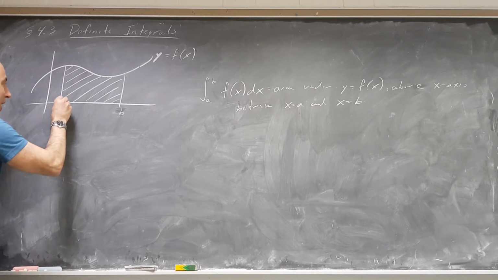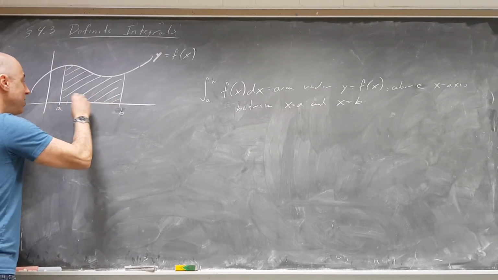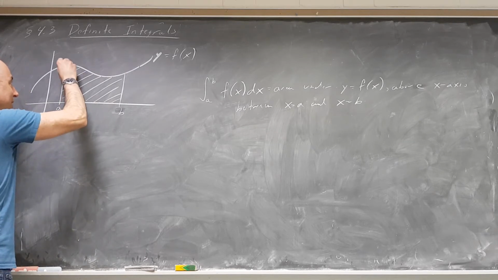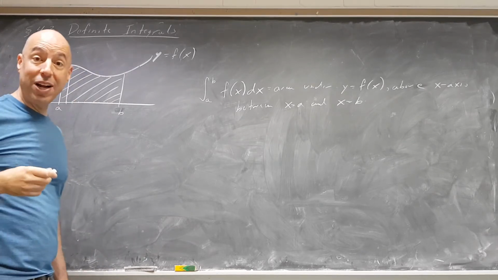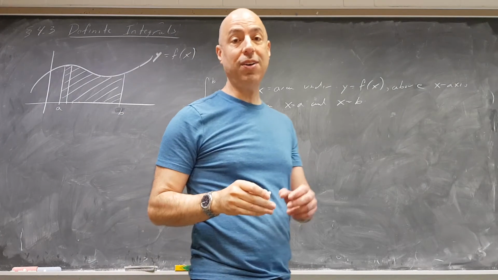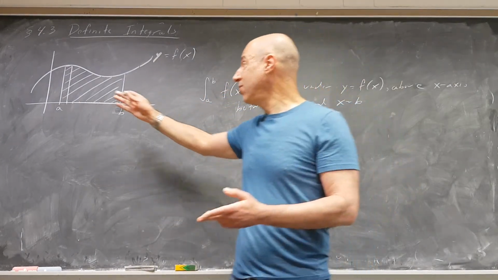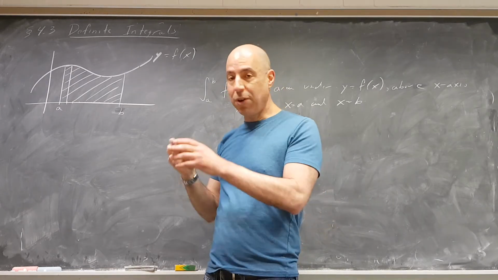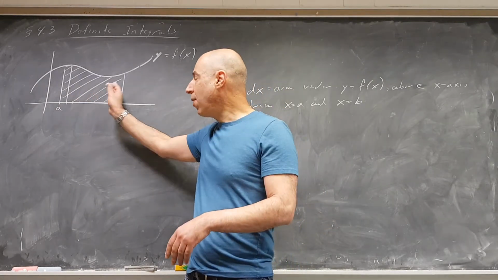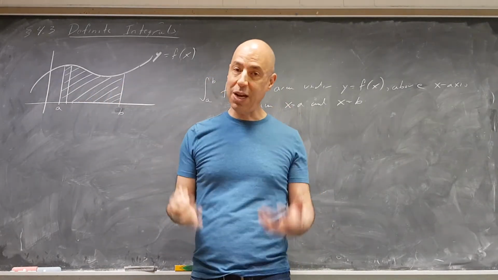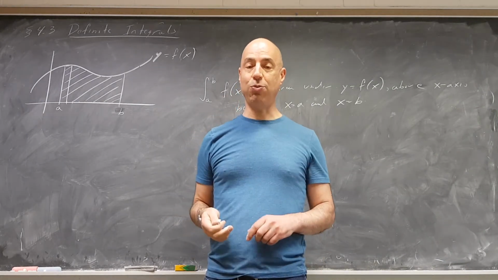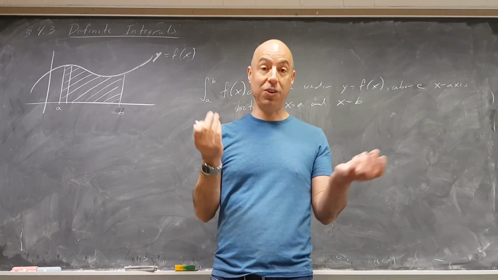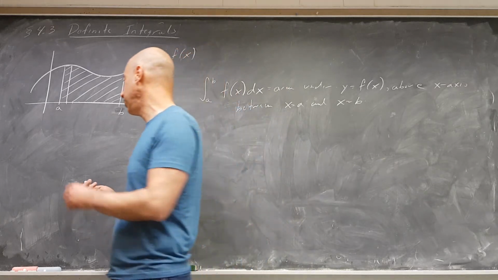We take this interval AB and chop it up into little pieces, and on each piece we'll construct a rectangle, and the area of that rectangle is the width of that rectangle times the height of the rectangle, which is the same as the height of the curve at some point in that rectangle. And we multiply that together, we add up the areas of all the rectangles, and we let the number of rectangles go to infinity, and the widest rectangle gets narrower and narrower as there are more and more rectangles.